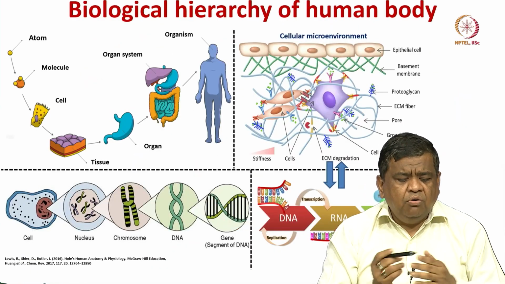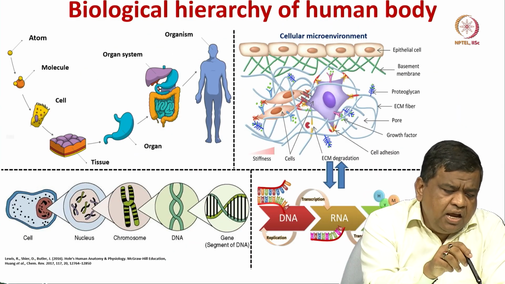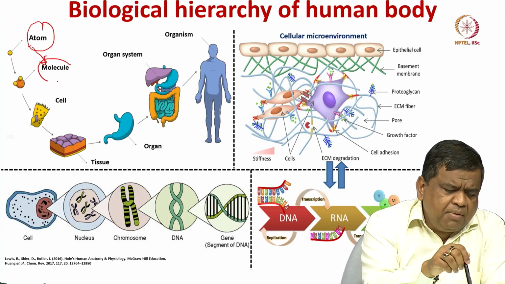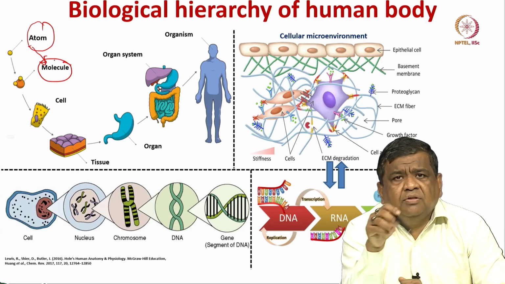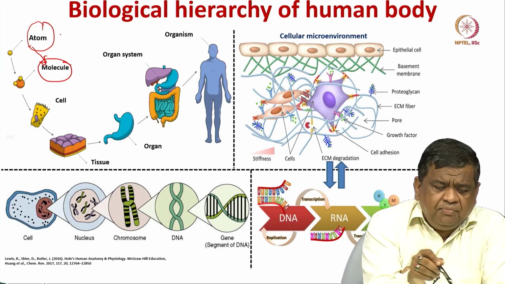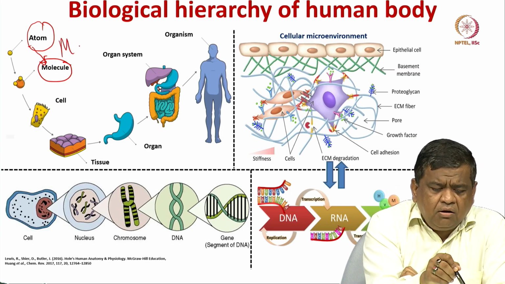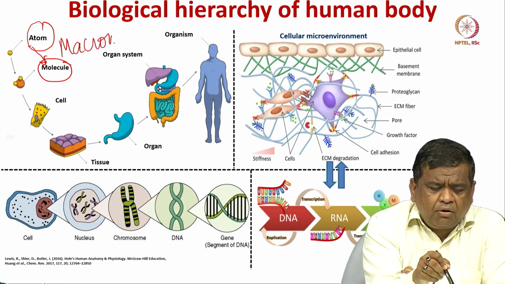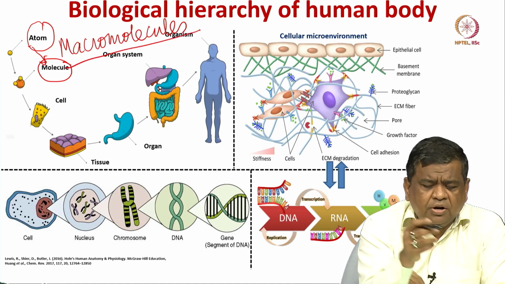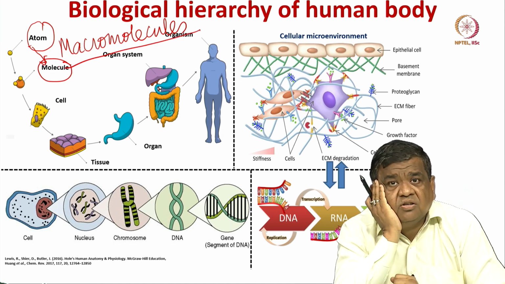Now, if you look back, what you see is that you have atoms, then atoms come together and make a molecule. In the biological context, we always call this a macromolecular structure. For example, protein is one such macromolecular structure.